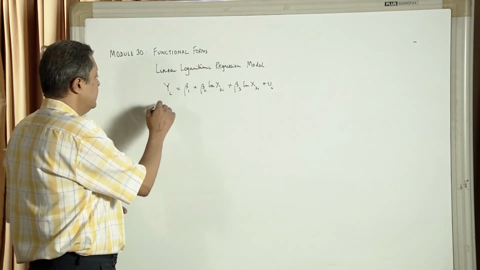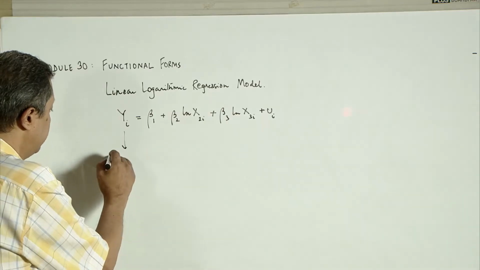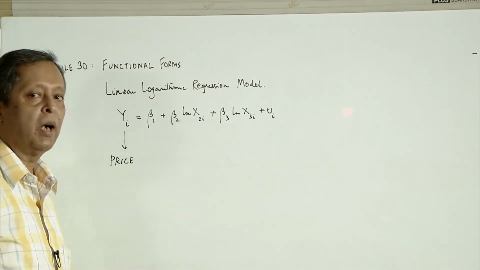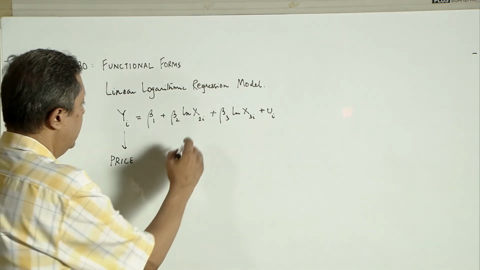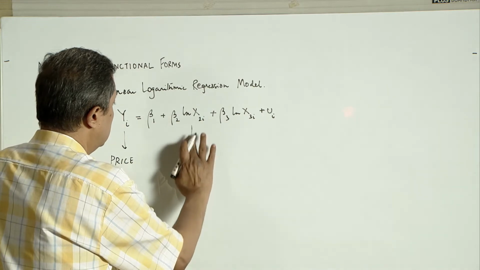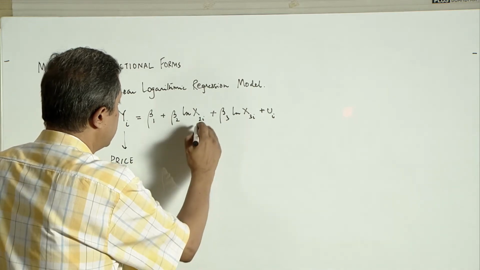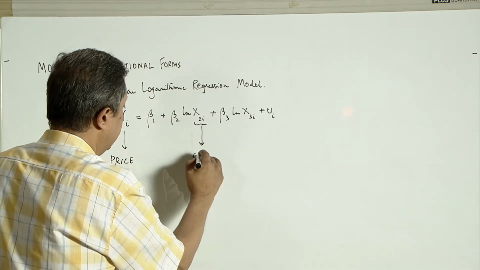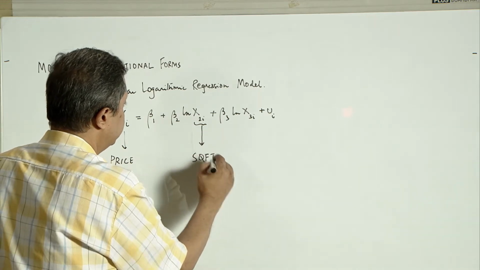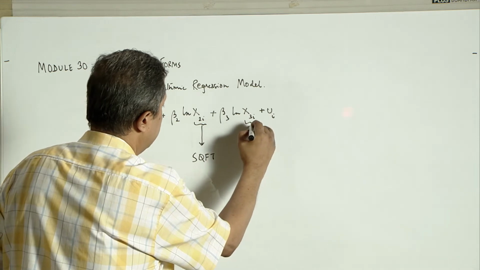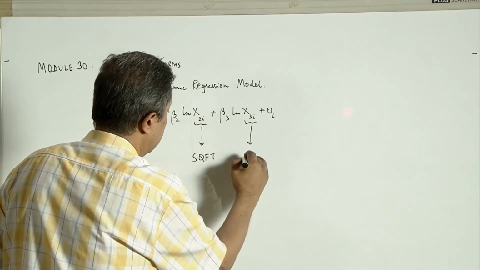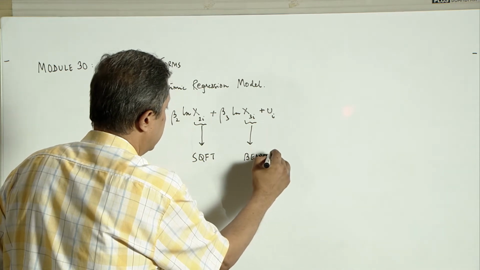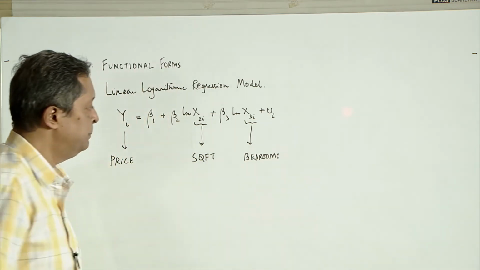Suppose y represents the price of apartments, x2 represents area in square feet and x3 represents the number of bedrooms in the apartment.